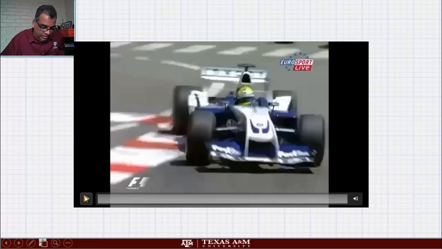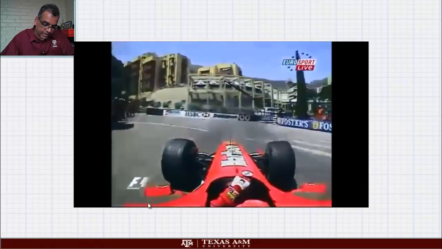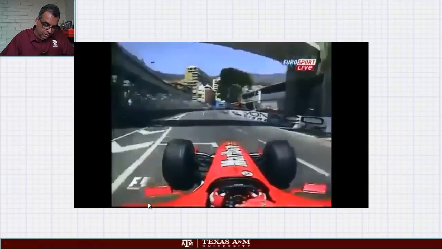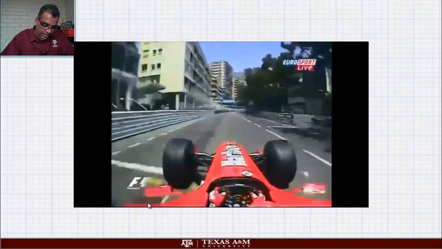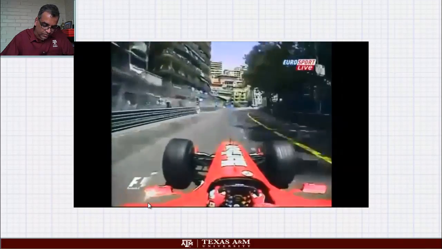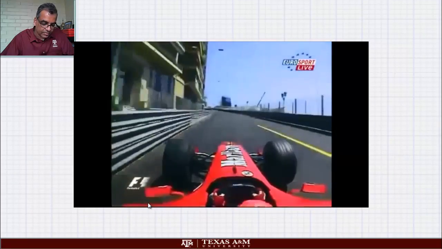Okay. So to get you an idea of what these things are, let's look at an example. So here is Michael Schumacher in the Formula F1 in Monte Carlo, and you will see it from his point of view. So there, takes off. There, that's what it looks like. Can you see how, now it's really going fast, really fast. Now it's kind of slow. Now it's fast. Now it's really slow. That's because he had to make a turn. Can you see that?